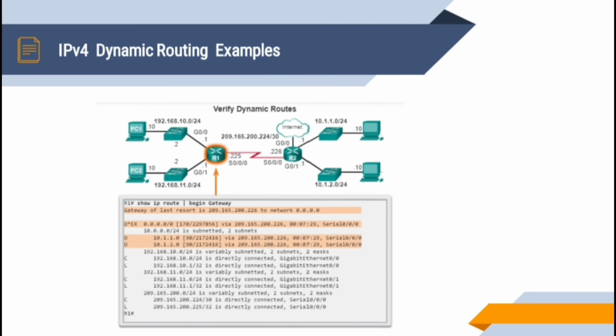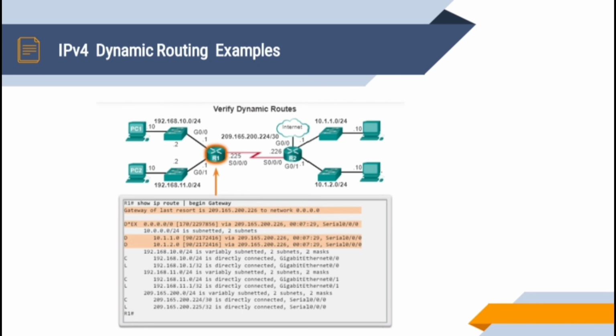R2 advertises that it is the default gateway to other networks. The output in the figure displays the routing table of R1 after the routers have exchanged updates and converged. Along with the connected and link local interfaces, there are 3 D entries in the routing table.